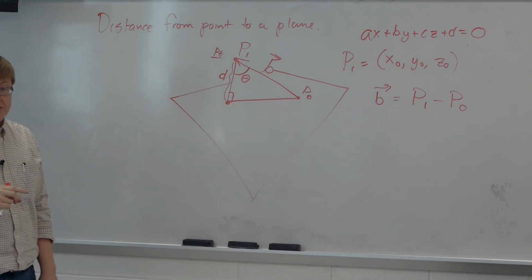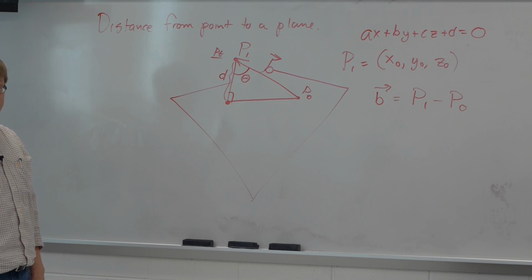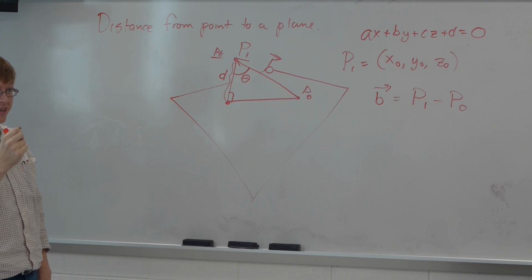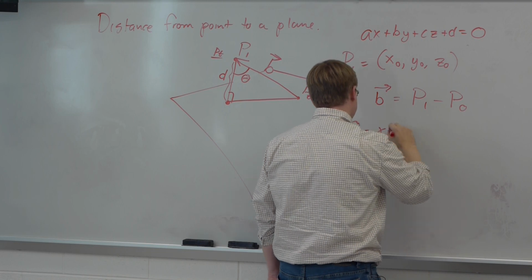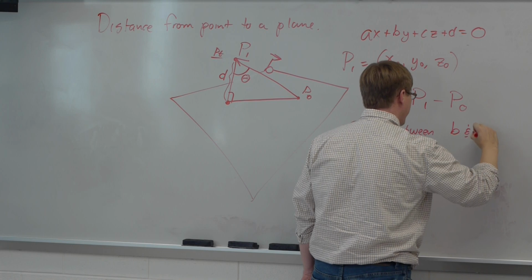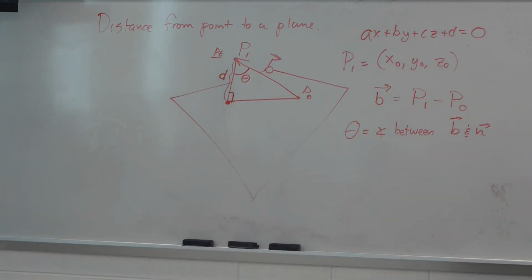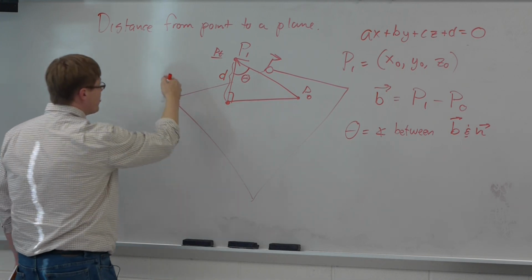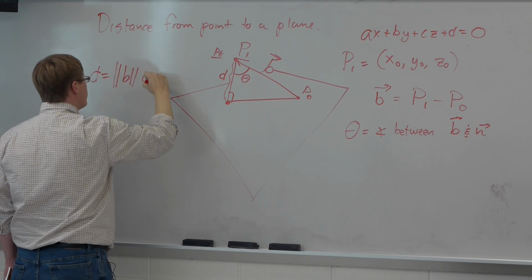Theta is the angle between what two vectors? D is the same direction as N, the normal vector. So theta is the angle between B and N. And I know from trig over here that D is just the length of B times cosine theta.